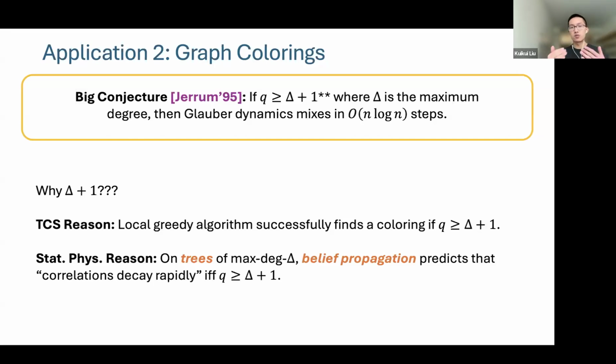And I'll be more precise about what I mean by this later in the talk. Okay, but that's roughly what I mean by correlation decay. So just to summarize, the statistical physics reason for this threshold is that belief propagation, this physicist heuristic, predicts that a certain nice property of the distribution holds if the number of colors is at least delta plus 1, at least in the special case of trees.